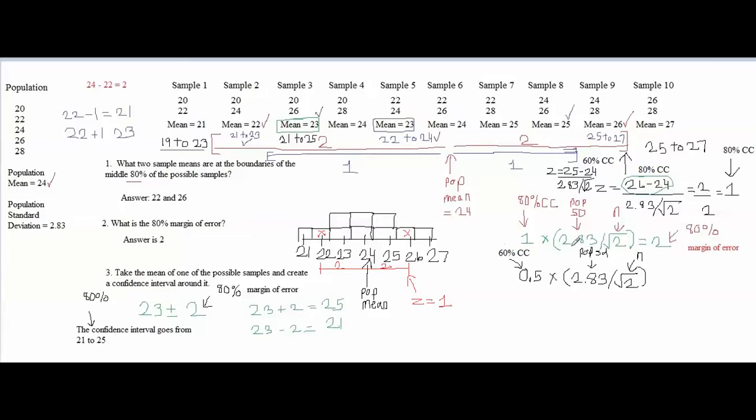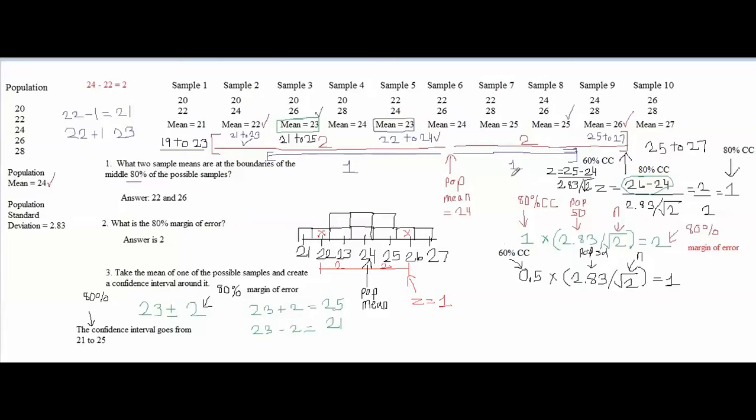The fact that we've replaced the 80% confidence coefficient with a 60% confidence coefficient will make the margin of error come out to the other margin of error, which is 1, which we had way back when we found out that this equals 1.